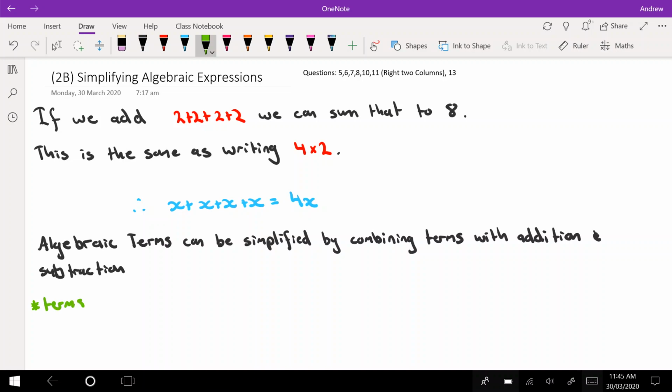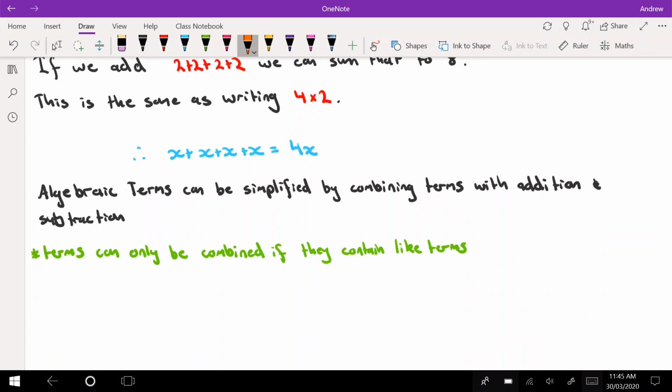So terms can only be combined if they contain like terms. Now let's try and remember what we mean when we say like terms.